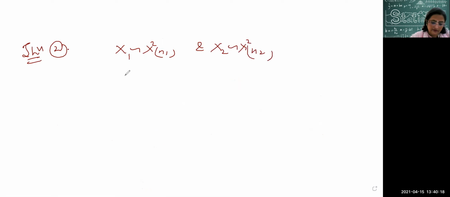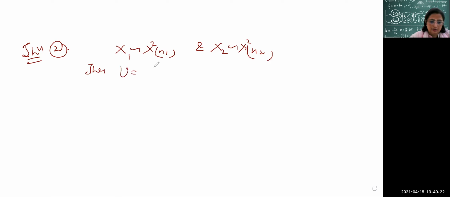So same, x1 and x2 are independent chi-square variates, x1 with n1 degrees of freedom and x2 with n2 degrees of freedom. Then proof क्या करना है?